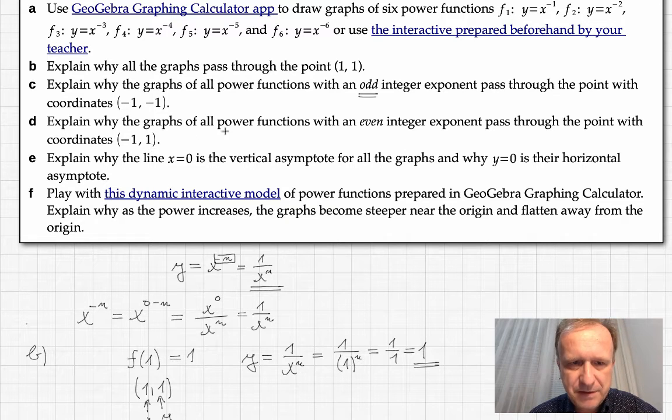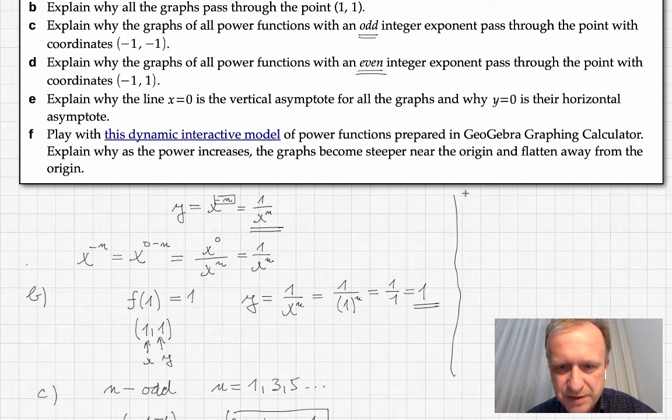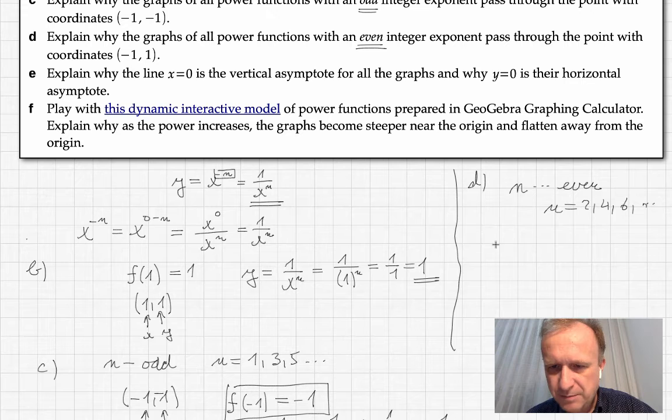Okay, now in part D we have to show a similar thing, that all the graphs of those power functions with an even integer exponent pass through the point with coordinates -1 and 1. Okay, so let me draw a line here and let's do part D. So in part D we are asked to show that in a situation when n is even, so for example n equals 2, 4, 6, etc., that in this situation the function values pass through the point with coordinates -1 and 1.